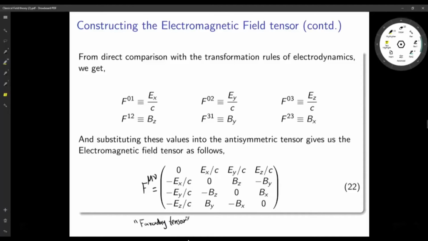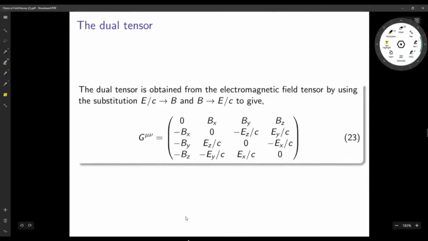So yeah, go down, and here we are going to see what is called the dual tensor, right? Don't take this too seriously right now, because the use of this isn't going to be explicitly derived in this lecture, but I'm just putting this here for completeness, right? So the dual tensor is obtained from the electromagnetic field tensor by using a substitution.